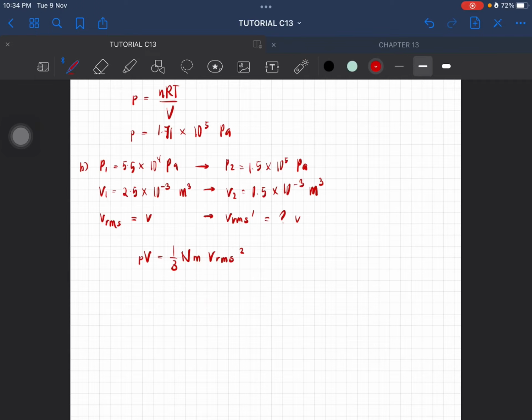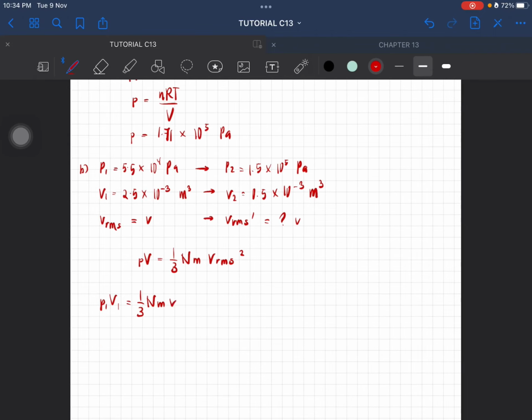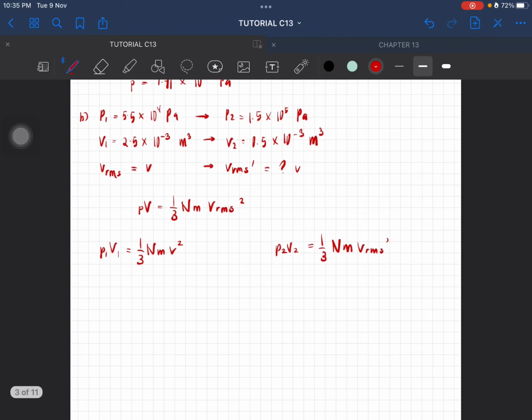So this is P1 V1 equal to 1 over 3 nm V square, because the VRMS for the initial is only equal to V. Then we have the second situation, which is P2 V2 equal to 1 over 3 nm VRMS for the second one.